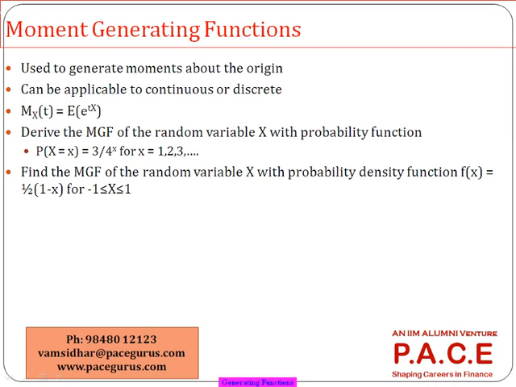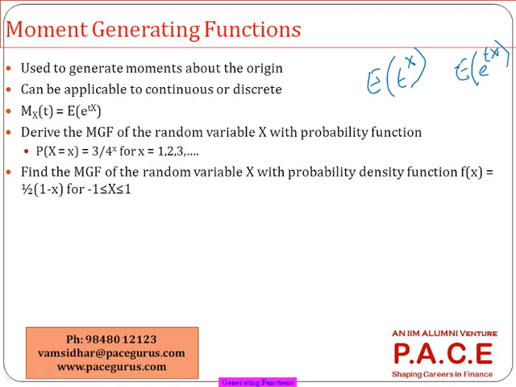Right? Then, coming to the moment generating functions, the whole process is the same. Instead of the expected value of t power x, which was what we have done for probability generating functions, here we'll do it as the expected value of e power tx.